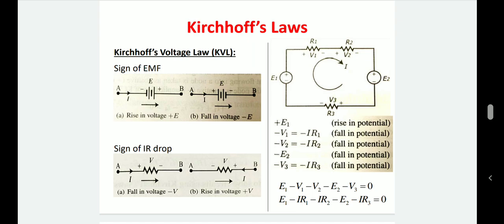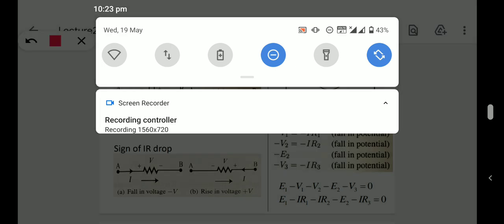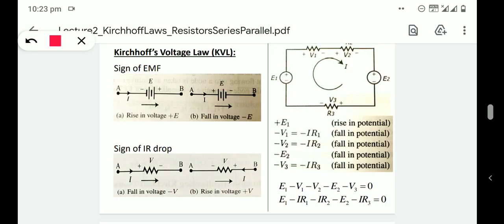If it is a battery or voltage source, how can we put the sign, plus or minus? So first, here, rise in voltage. Okay, if a battery source is there, its negative terminal is this and positive terminal is this.